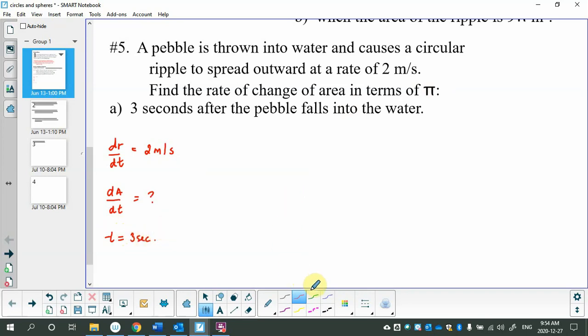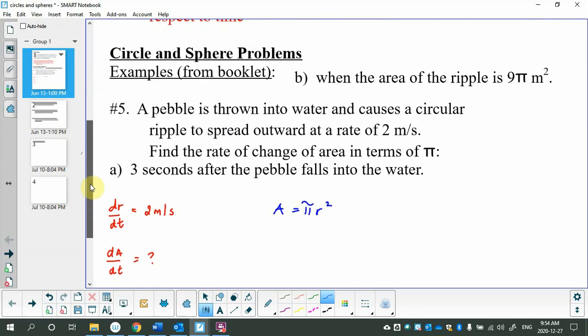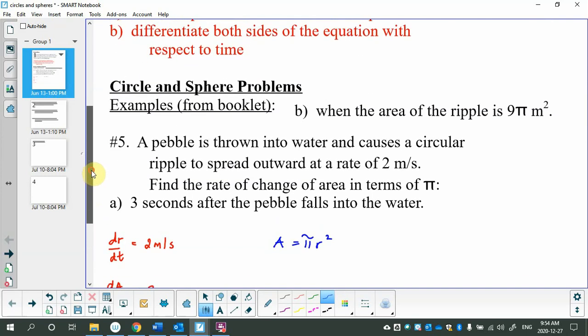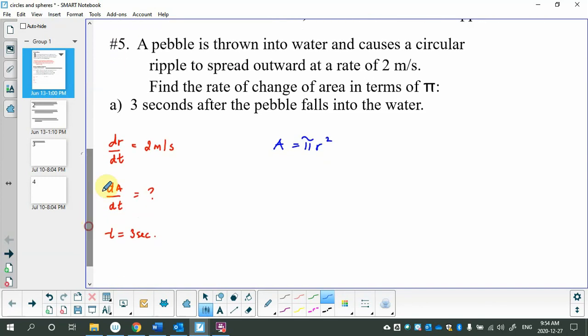So the first thing you have to do is come up with a formula that links R's and A's. And that should be quite easy. It's the area of a circle formula. Then you take the derivative of both sides with respect to time. Now what that means is that this looks a little bit different. You take the derivative of A, which is 1, and then with respect to time looks like this.